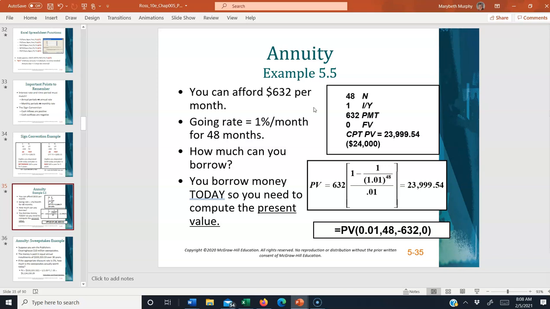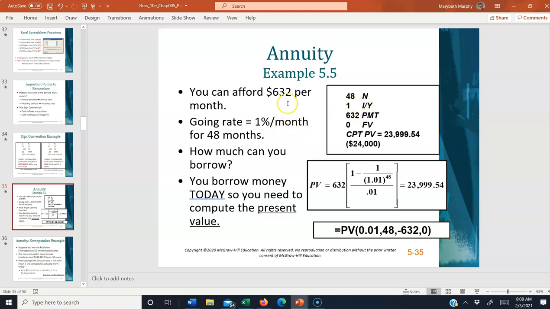In this case, we need to find out how much we can borrow if we can only afford $632 a month. Using the calculator, we put 48 equals N. The interest rate's going to be 1% per month because they quoted it as per month. This is a per month payment and an interest rate per month, so we don't have to adjust the interest rates.